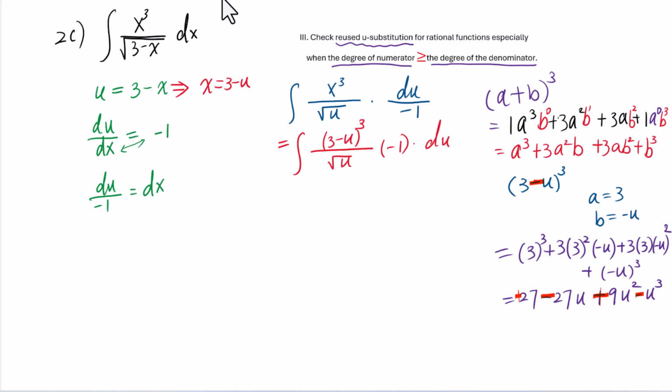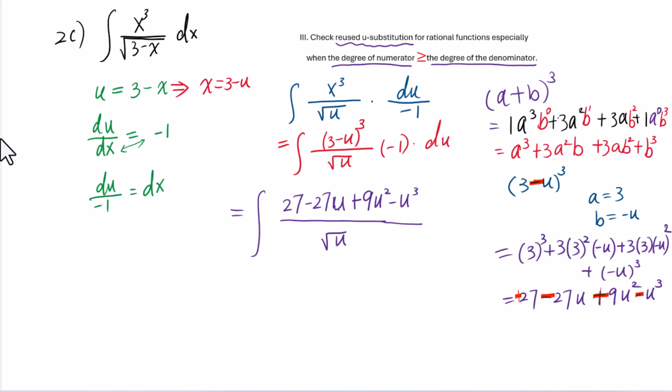Now plug in: equals integral 27 minus 27u plus 9u squared minus u to the third power over square root of u times -1 du. Let's change this into positive, then change the sign, then separate.